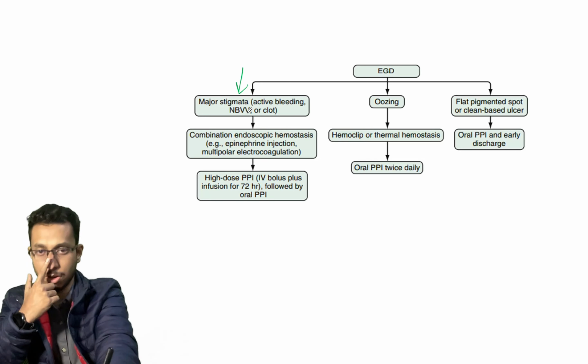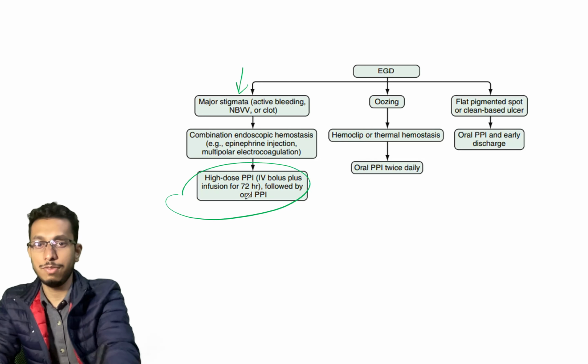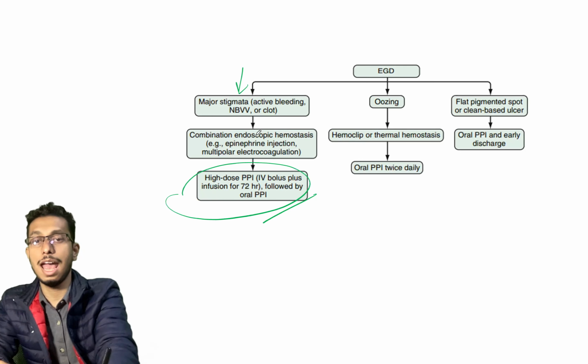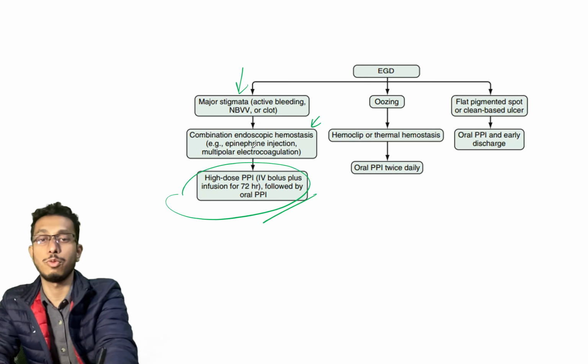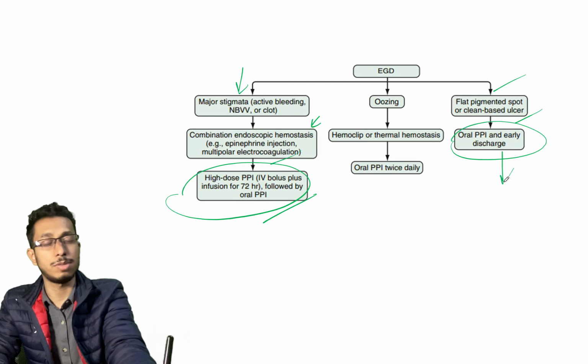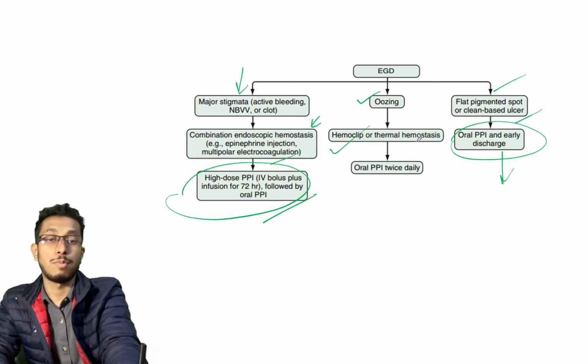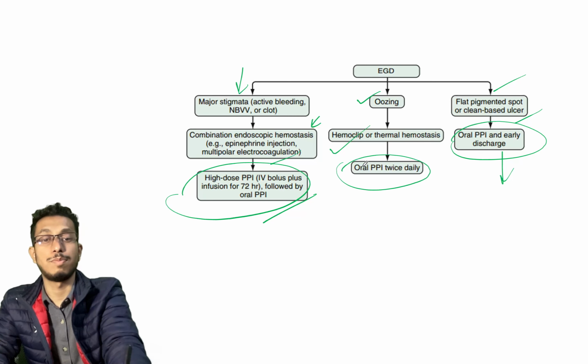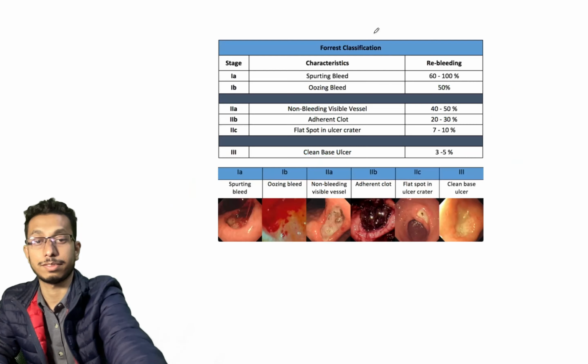If there are major stigmata of bleed, high dose PPI followed by oral PPI is given, and endoscopic hemostasis is achieved with epinephrine injection or electrocautery. If there is a flat spot or clean based ulcer, oral PPI is enough and you can discharge as early as possible. If there is oozing, hemoclip is applied or thermal hemostasis is tried, followed by oral PPI twice a day.